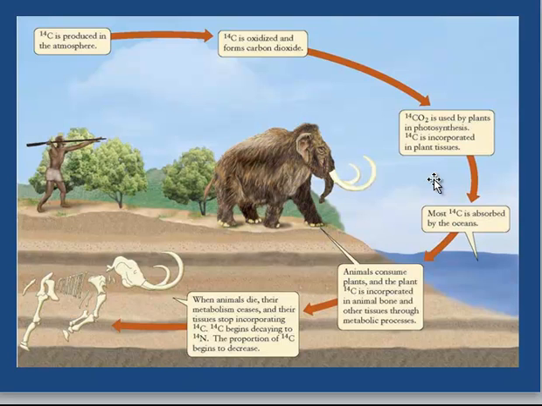Photosynthesis involves taking in carbon dioxide, keeping the carbon, and giving off the oxygen. That incorporates some of that carbon into the plant tissues. So every living plant today has some radioactive carbon in it.